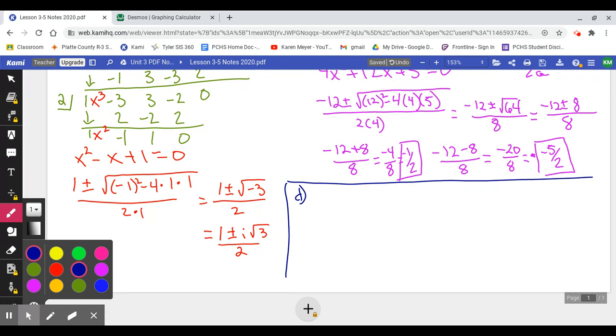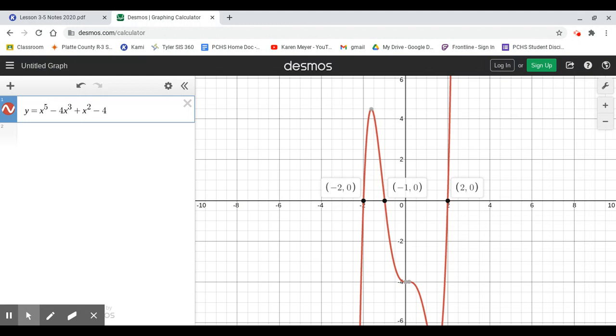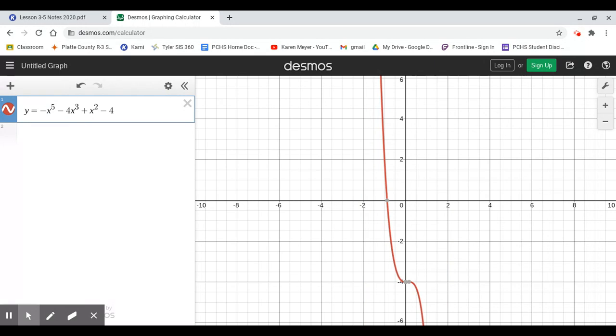Now, the last one is a little bit tricky. I'll let you get it typed in here. Because when you look at this one, people will tell me, oh, Miss Meyer, I only see 1 zero, but let me get it typed in before you tell me that.